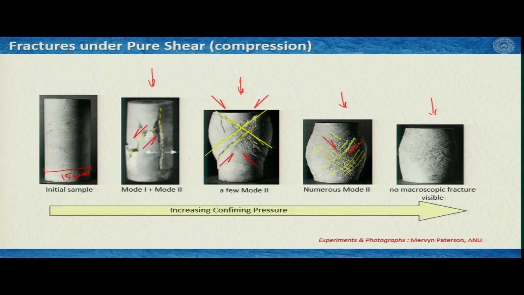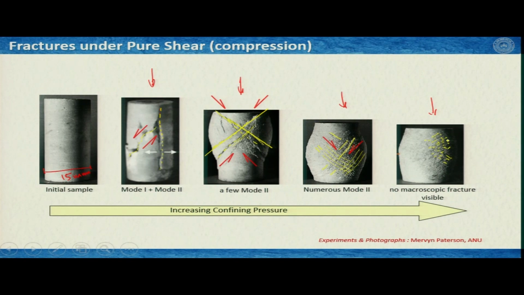When you go with further confining pressure, a higher confining pressure or highest in this range of experiments, you hardly see any macroscopic fracture. However, a very close look would give you an impression of a series of very tiny small scale fractures in the sample.